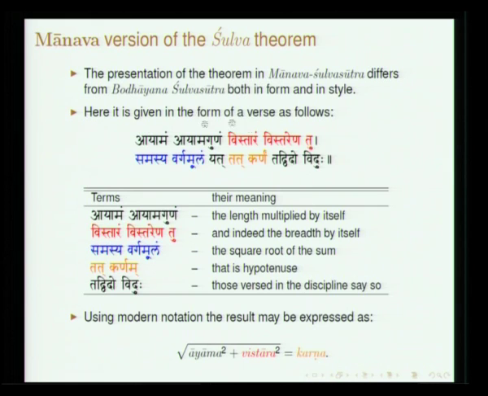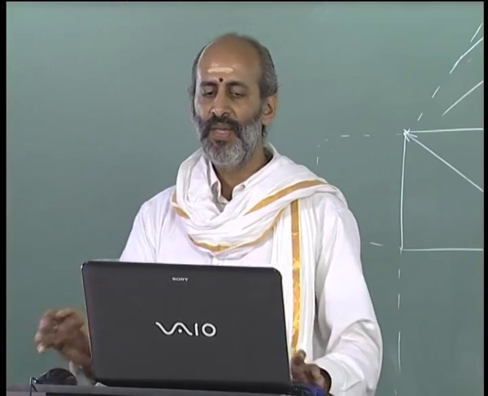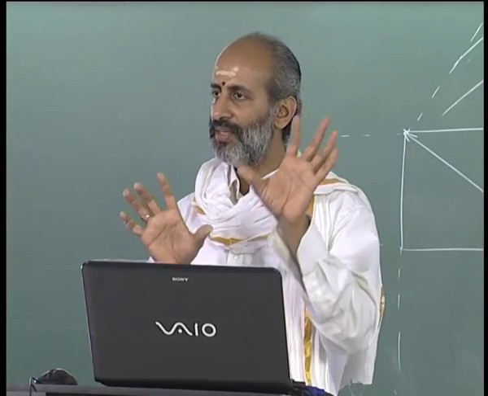Okay. The Manava Shulva Sutra also states this theorem, but in a slightly different form. It says: Ayamam Ayamagunam Vistaram Vistarenatu Samasya Vargamulam Yat Tat Karnam Tadvido Viduhu. This is a very clear statement. Ayama and Vistara refer to the length and the breadth of this rectangle.